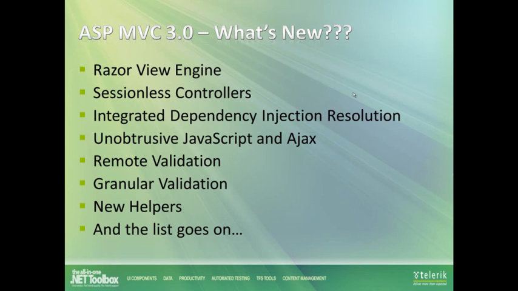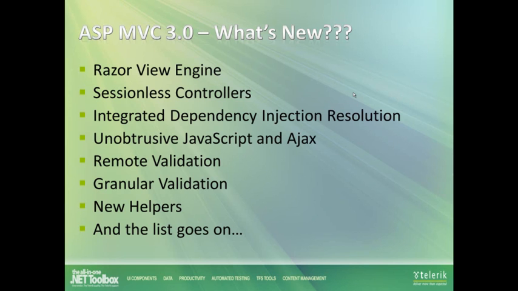But the big thing is you don't need to create a custom controller factory anymore, and that's really nice. The story for dependency injection in MVC 3 goes beyond controllers, which is where predominantly it was in MVC 1 and MVC 2 with custom controller factories.